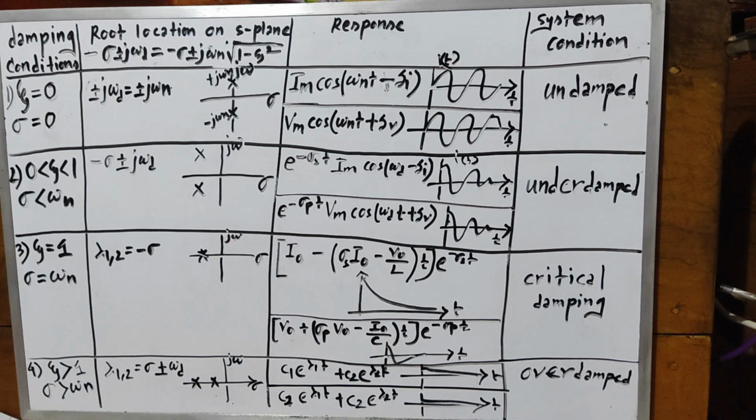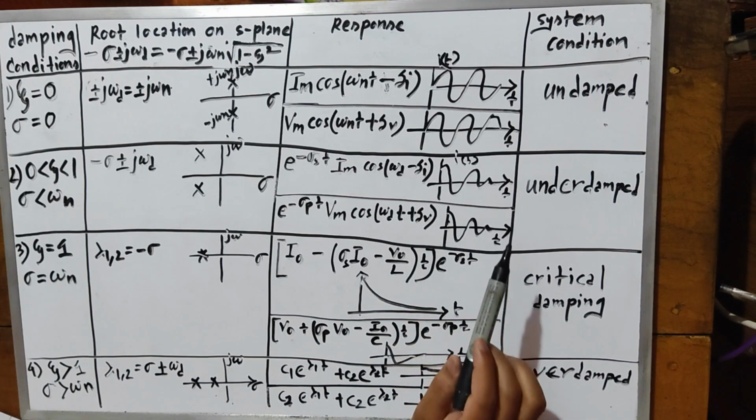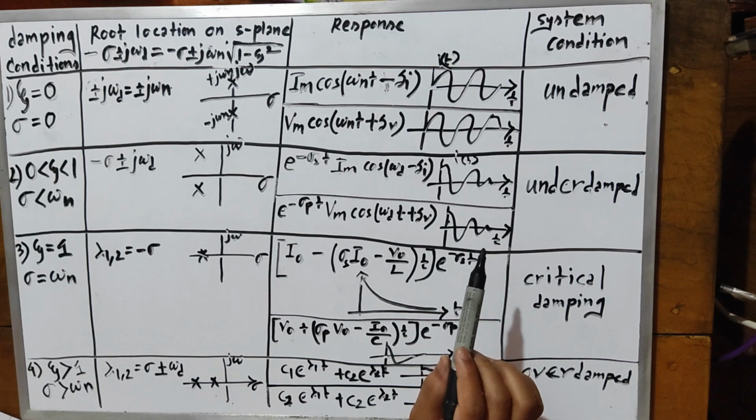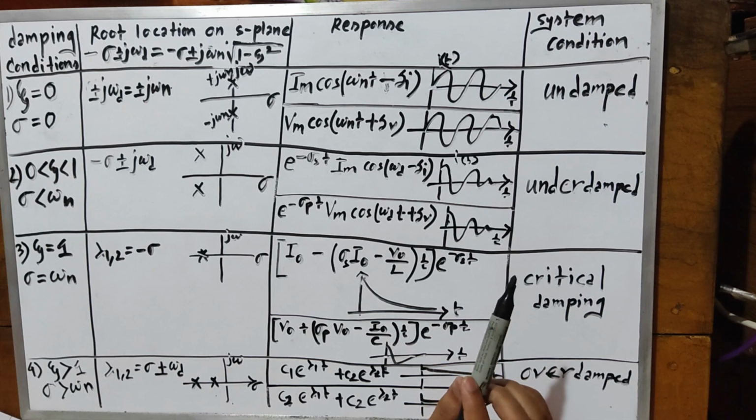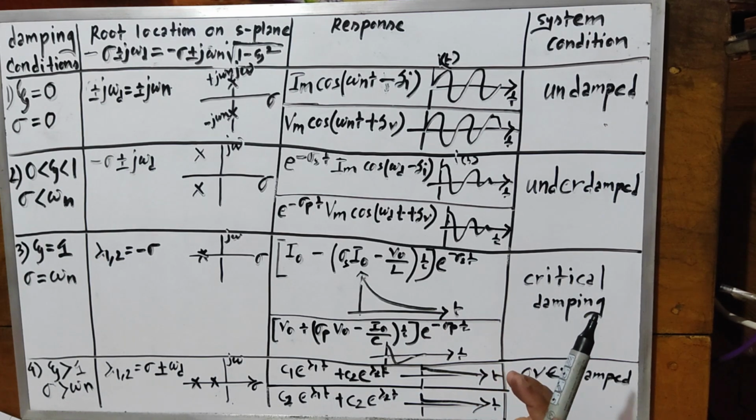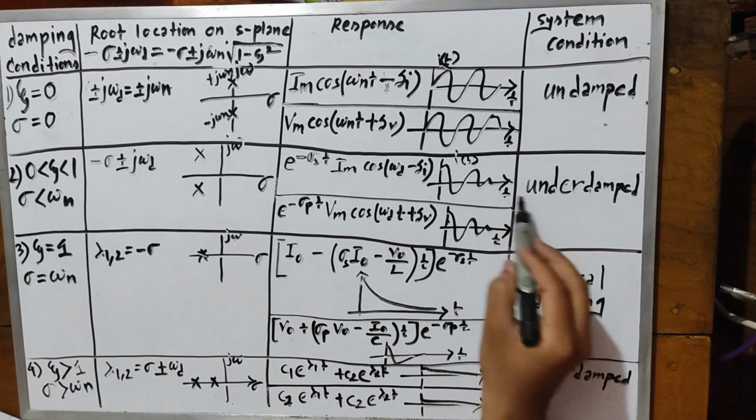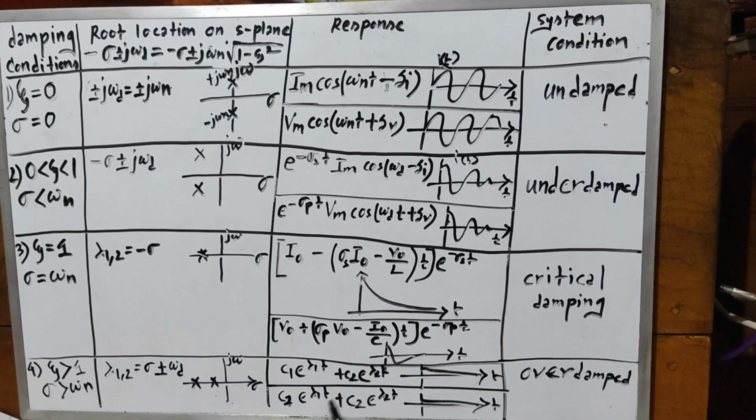Instead of decaying the oscillation in the underdamped condition, it helps in increasing the oscillation of the system. So instead of decaying, it becomes increasing. So these are the two basic damping conditions, positive and negative.